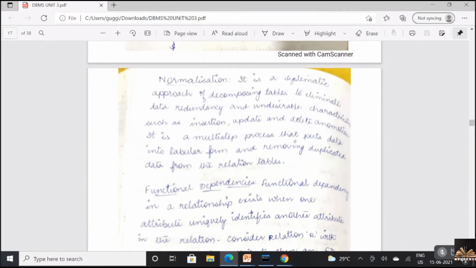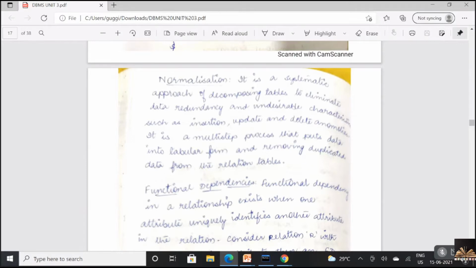It is a systematic approach of decomposing tables in order to eliminate data redundancies and undesirable characteristics such as insertion, updation, and deletion anomalies.